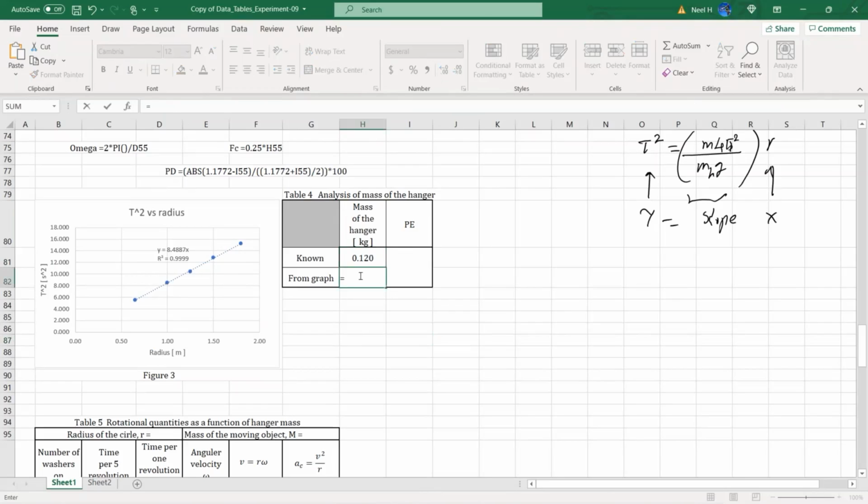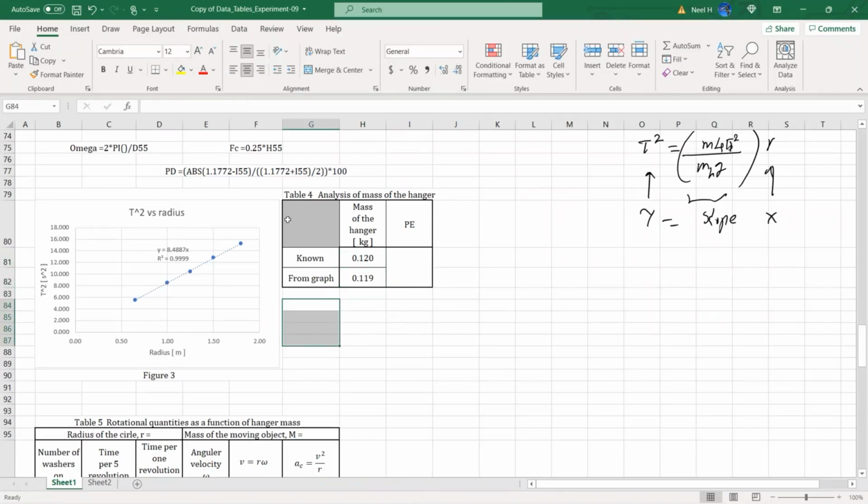We'll write down the function: mass of the moving object 0.25 times 4 times pi to the power 2 divided by open bracket 9.81 multiplied by slope of the graph 8.4887 and close brackets. So I should get about the same number like we got earlier, very slightly off, otherwise it's about the same number.